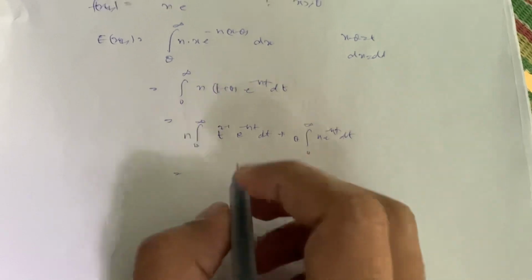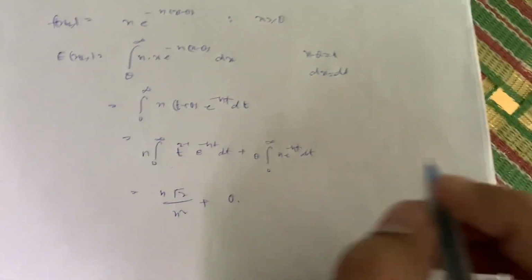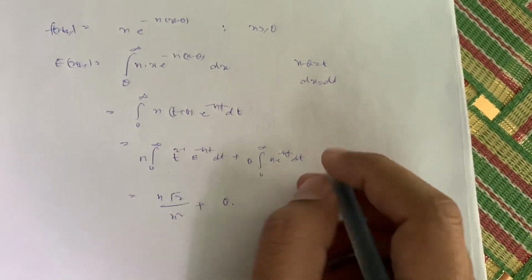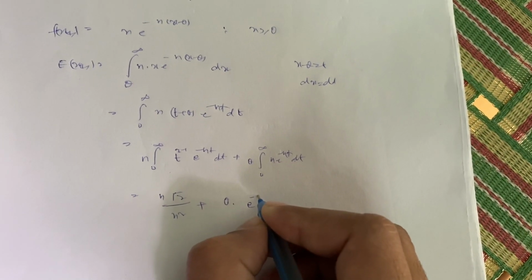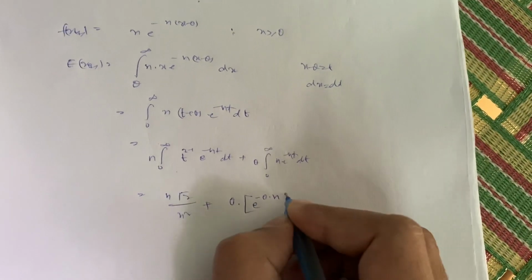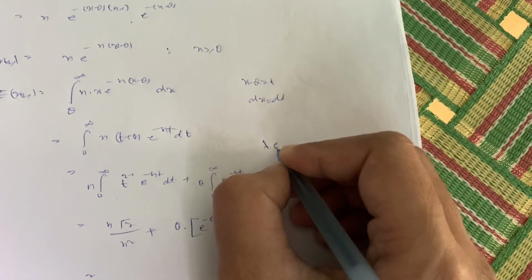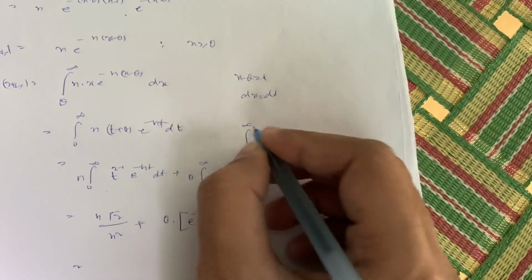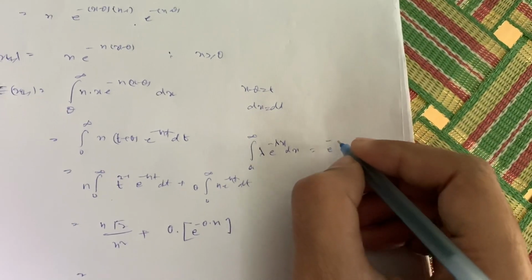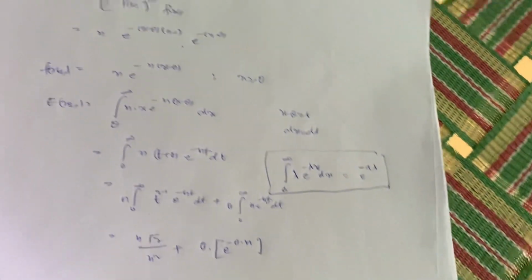Now the first is the gamma function, so use this. I am using this short formula: if you integrate lambda e to the power minus lambda x dx from a to infinity, the answer will be e to the power minus a lambda.